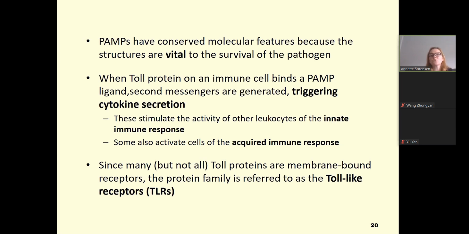So when the TOL protein on an immune cell binds to these PAM ligands, you get second messengers which are generated, and these are triggering cytokine secretions. Remember, it's the cytokines that stimulate the activity of other immune cells of the innate immune system.